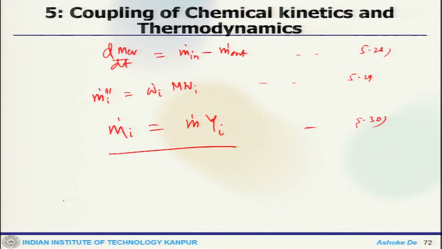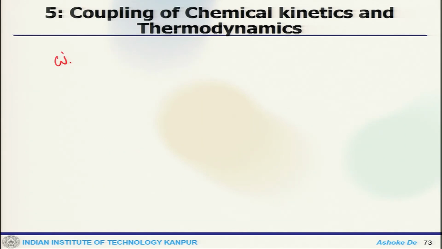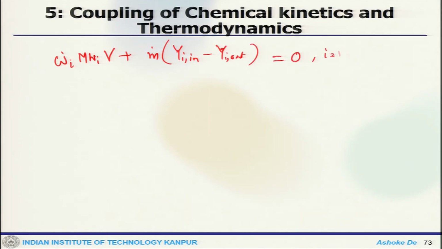Now, one can apply equation 5.27 to the well stirred reactor, and the time derivative on the left hand side disappears for steady state. Combining 5.29, 5.30 and 5.27, one can write omega dot_i molecular weight of i V plus m dot (y_i in minus y_i out) equals 0, for i equals 1 to n.